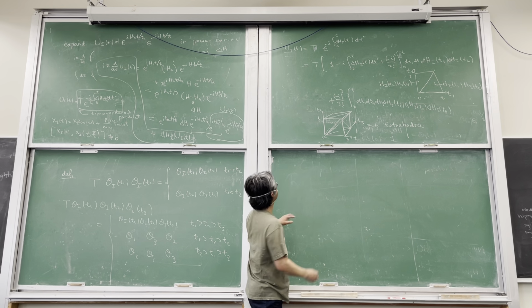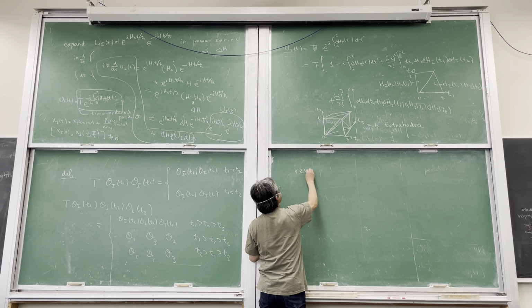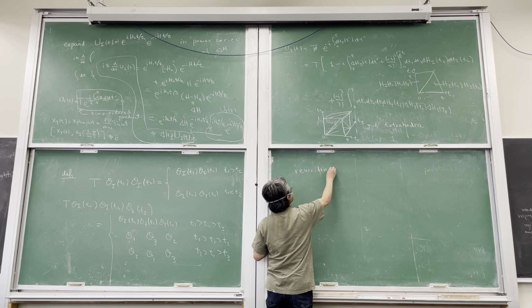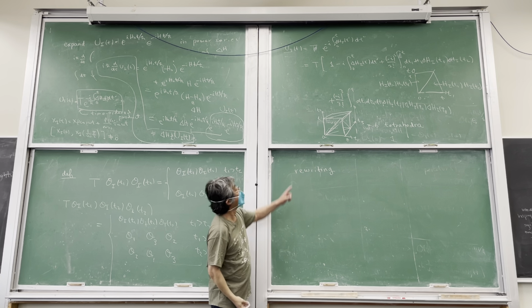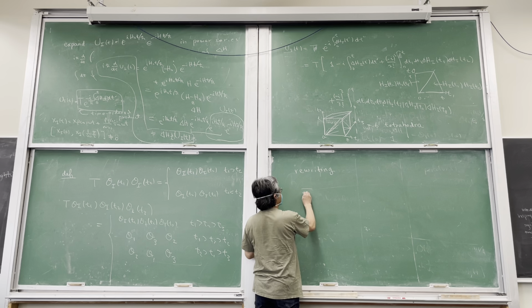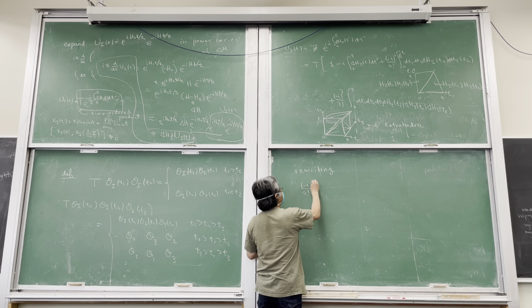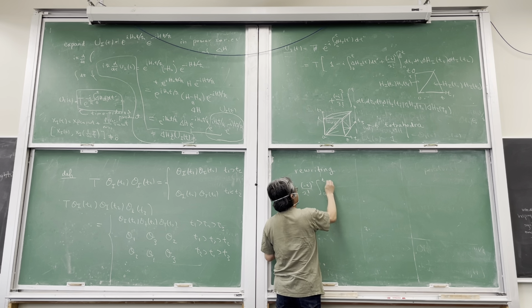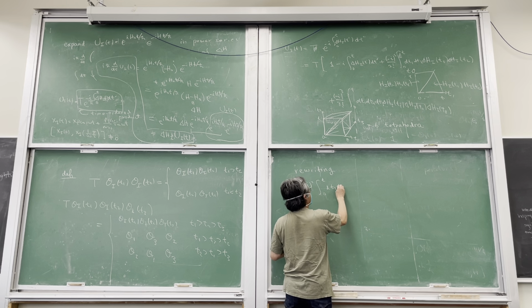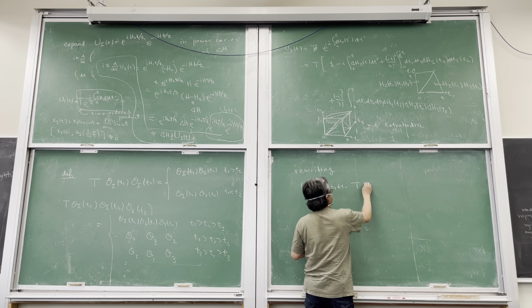So let's focus on just the rewriting. Focus on the second order piece. Time order product of 2 of them.